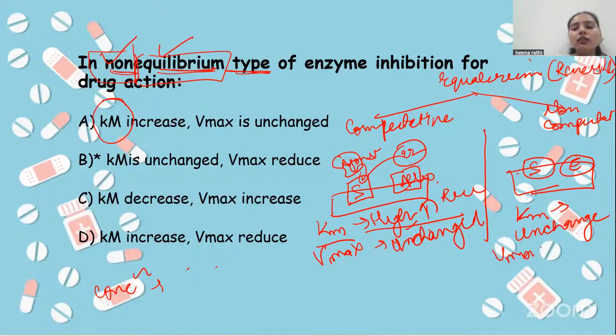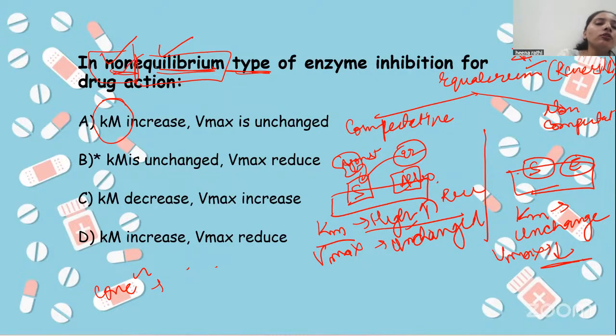But in the non-competitive type, there is no change in the affinity. It means a lower concentration will be sufficient, and at the lower concentration the maximum velocity can be achieved. So the Vmax in the non-competitive type is decreased. So this is about the equilibrium type.